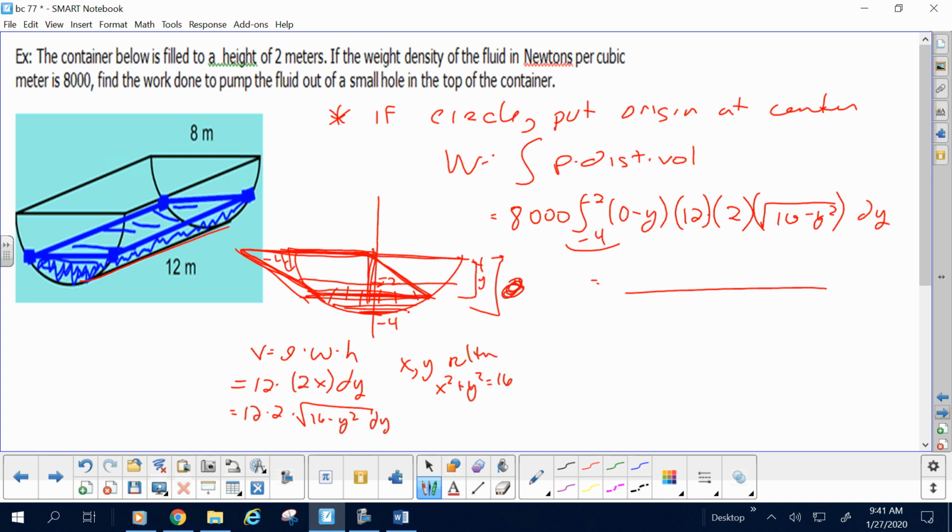They're going all the way to the top of the container. And so that's why that's using 0 rather than -2. They really are different things. This reflects where the water is. This reflects the distance at the pump. And the distance has to be to the top of the container, not the fluid. So basically the integral is initial. Yes, you could say that.